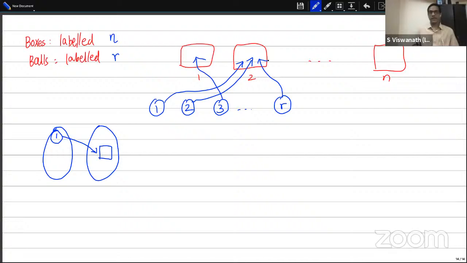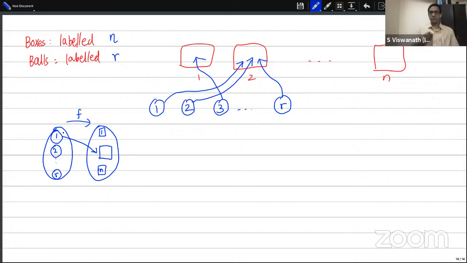So what is it really? It's actually a function. The number of such configurations is the same as the number of functions from the set comprising 1 through r to the set 1 to n. Is it clear why these are the same?